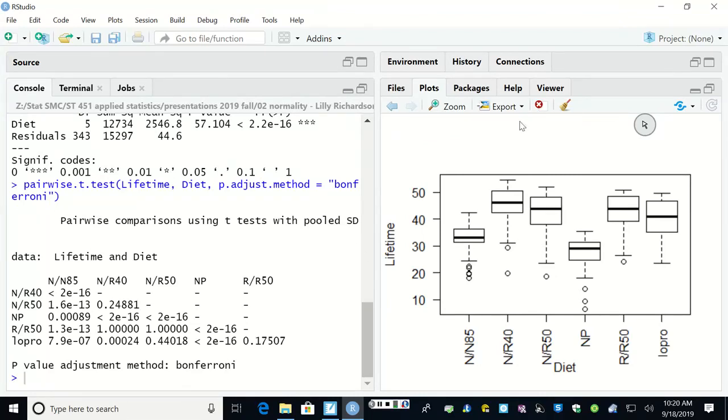That's what we want. And it just gives p-values. So testing the NR40 versus NR85, that p-value is very, very small. And this is very small, so anything versus NN85 is different. What about versus NP? NN85 versus NP, even that one's significant. These two end up being significantly different from one another.